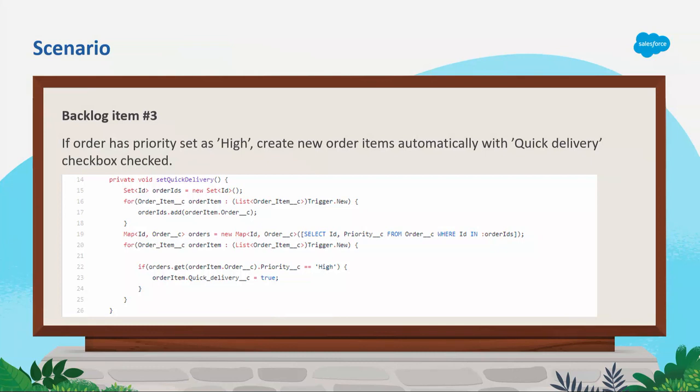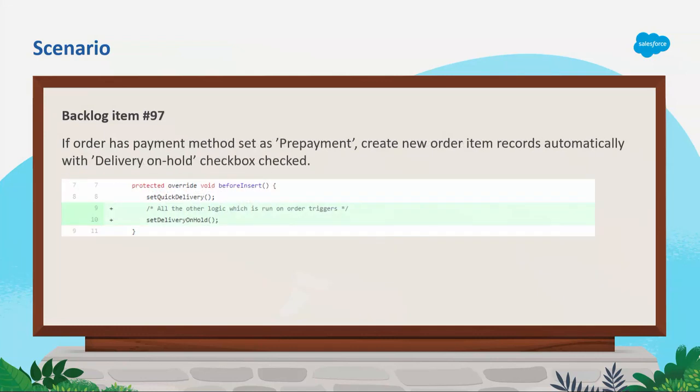But let's say a few months later, we come back with another requirement which has a similar structure. We have a payment method on the order, and if it's prepayment, then we create the new order items automatically with this delivery on hold checkbox checked.